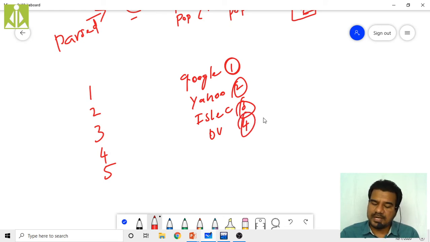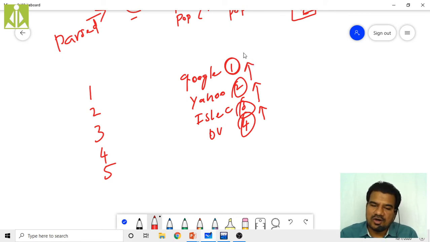If you press the back button when you are on the OU page, which page will it open? It will go to ISLEC, because before visiting OU, you visited ISLEC. So the control will go from here to here. Again, if you press the back button, you will come to Yahoo. One more time pressing the back button, you will reach Google.